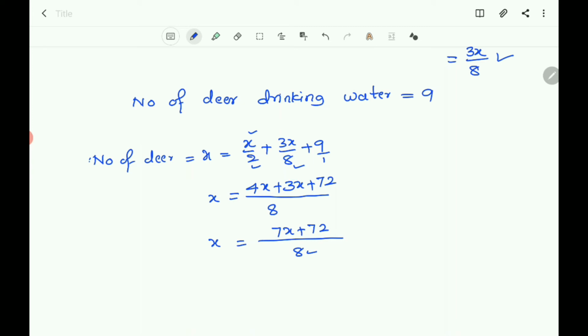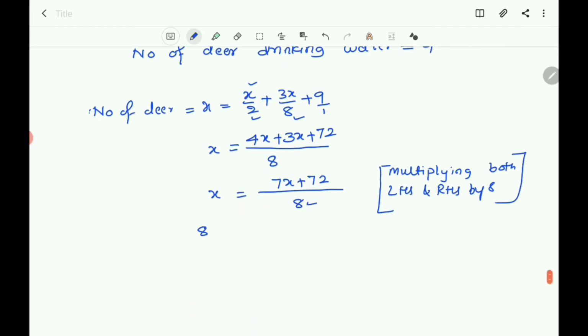Multiplying both LHS and RHS by 8 to cancel 8, it becomes 8x equals 7x plus 72.